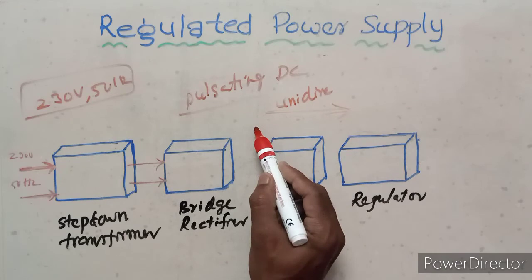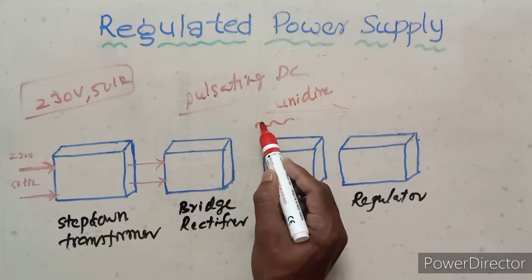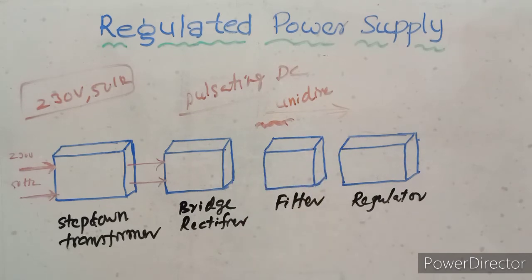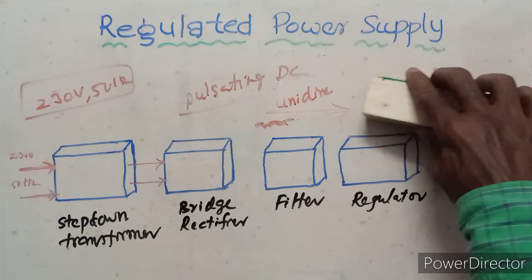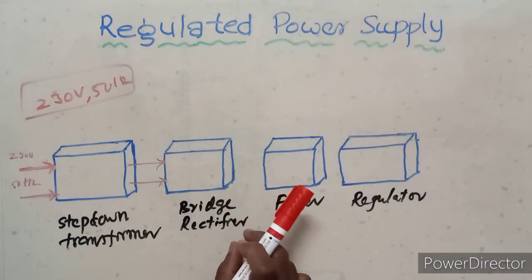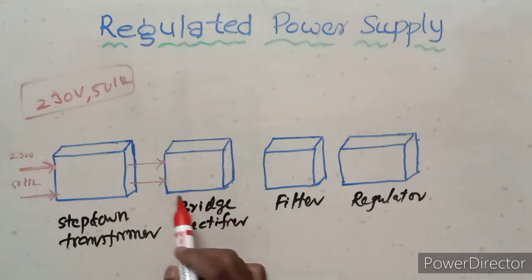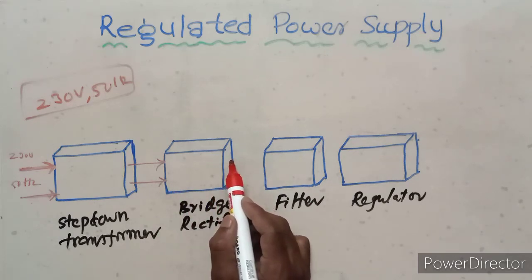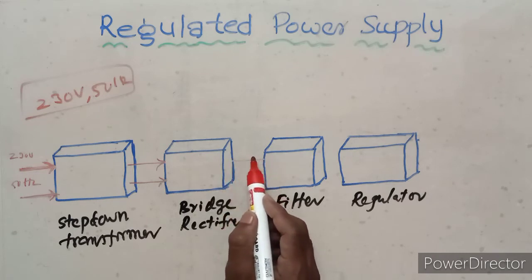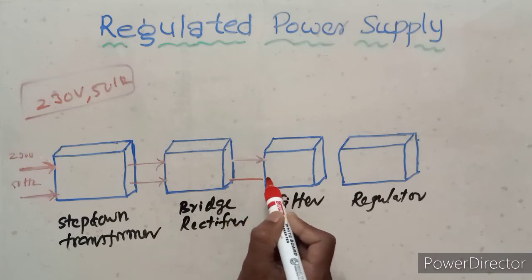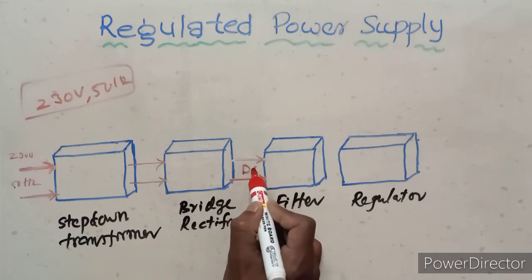Ripple means vibrations. So the input of the bridge rectifier is converted into DC. This is the DC. So totally these are DC.